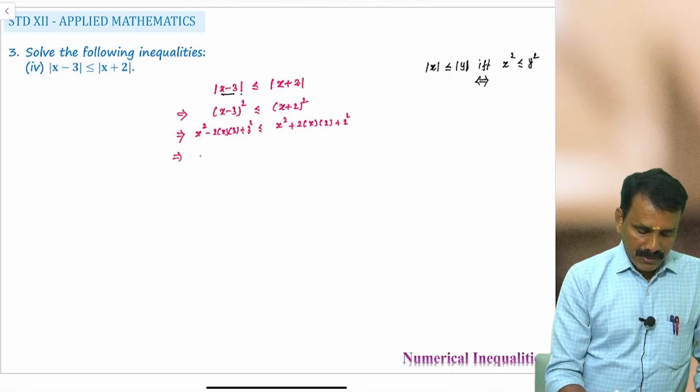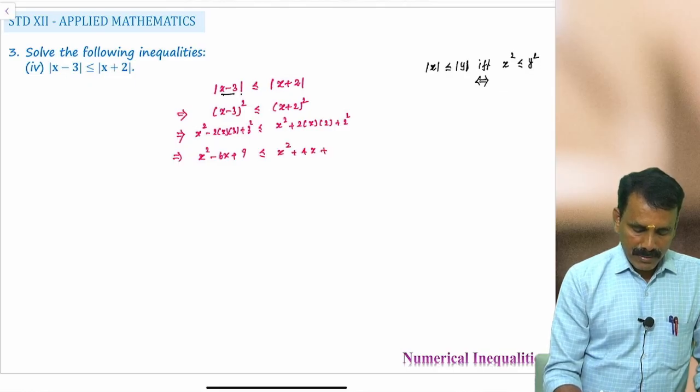So simplify this expression: x square minus 6x plus 9 less than or equal to x square plus 4x plus 4.